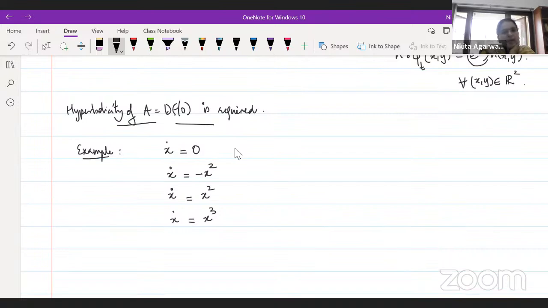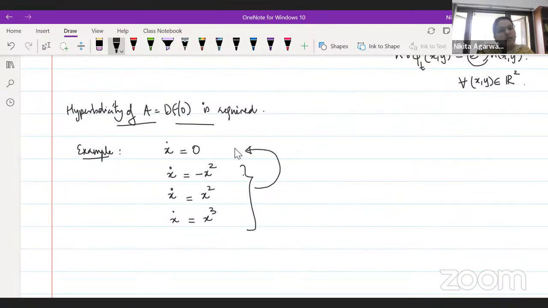Now, again, 0 is an equilibrium point, right? F of x here is 0, f of x is minus x square, f of x is x square, f of x is x cube. All are 0 at 0. And for all these systems, the linearization about 0 is the first system, right?